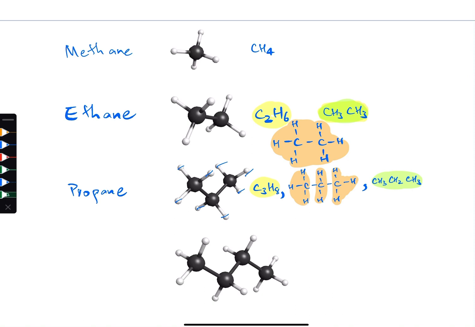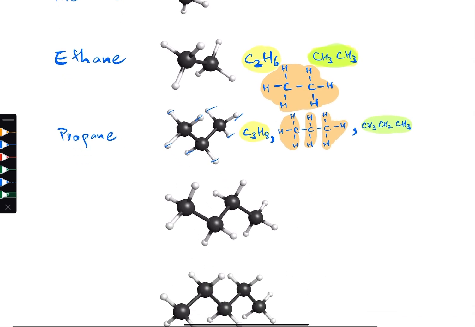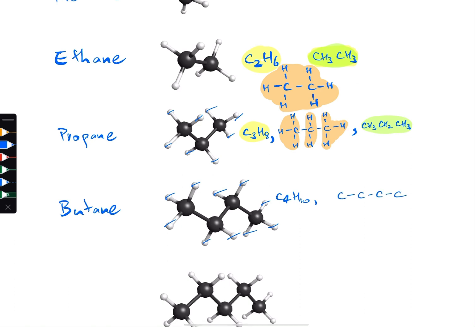Propane, 3 carbons. Okay, next one, 4 carbons, it's called butane. The molecular formula is C4, and if you go through and count the hydrogens, 1, 2, 3, 4, 5, 6, 7, 8, 9, 10, we find there's 10. Okay. The structural representation is this.